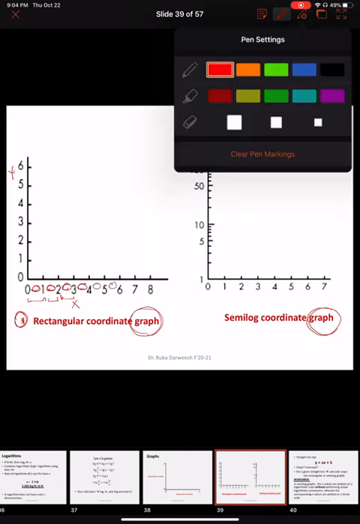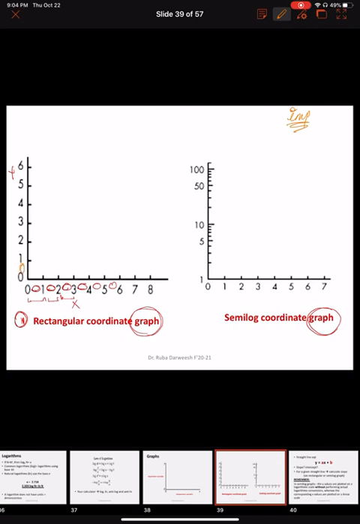And the same thing when we are talking about the spaces between numbers on the y-axis. So that's why we call it rectangular, or for short, rectilinear graph, or just linear graph. I will show you examples of some of those graphs in a second.